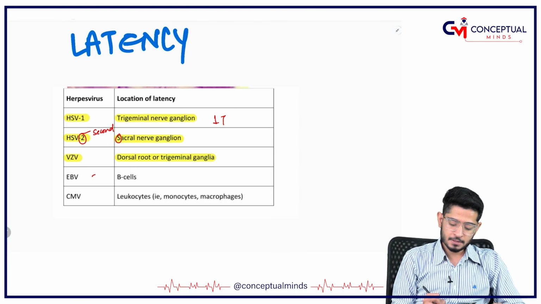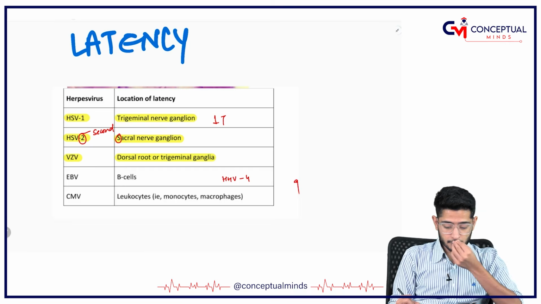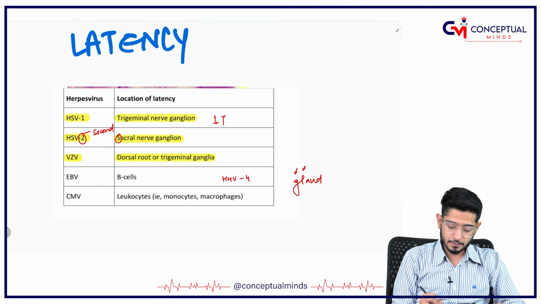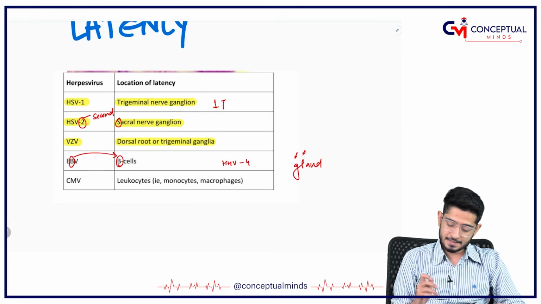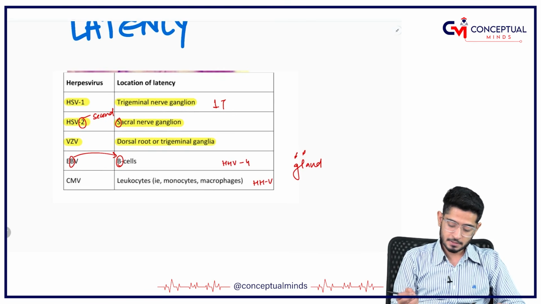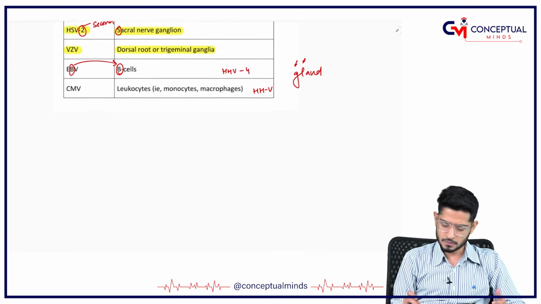Then Epstein-Barr virus, HHV-4, the mnemonic was glands. G for gamma virus, L for lymphoid cells, so B cells. Epstein-Barr, B for B cells, and CMV, that is HHV-5, belongs to salivary glands, majorly, and leukocytes you can also remember.